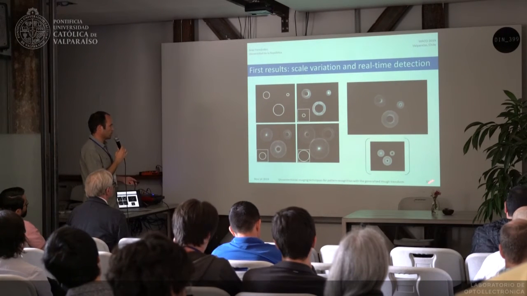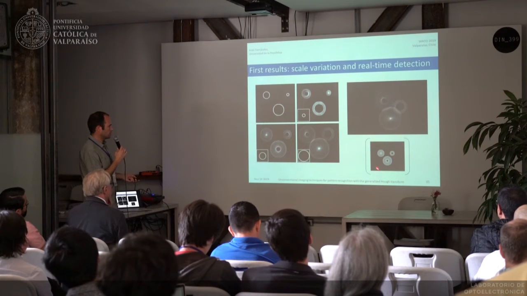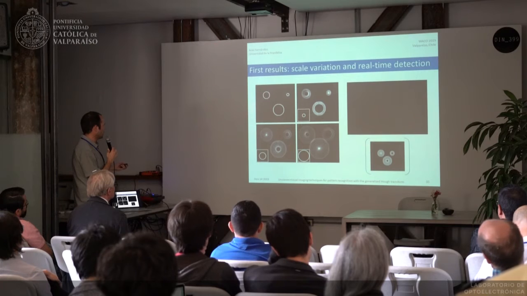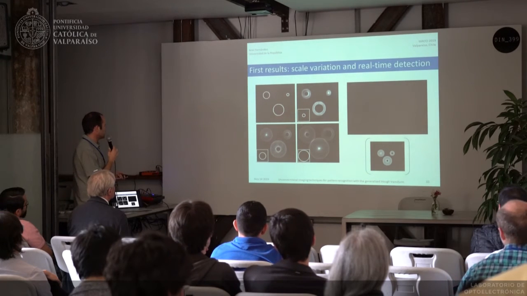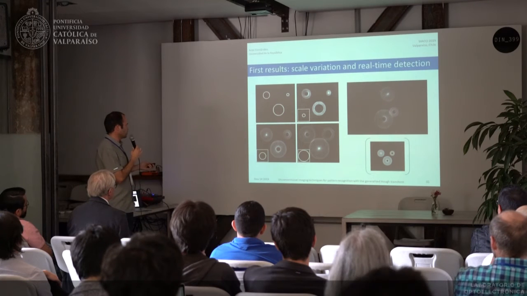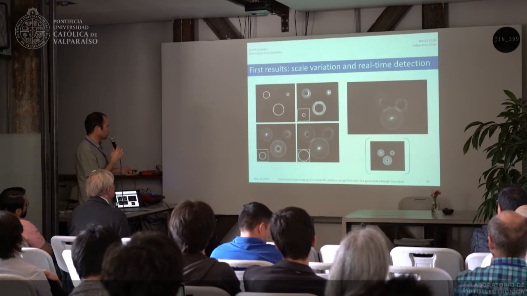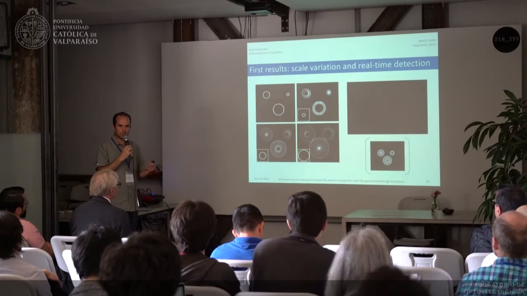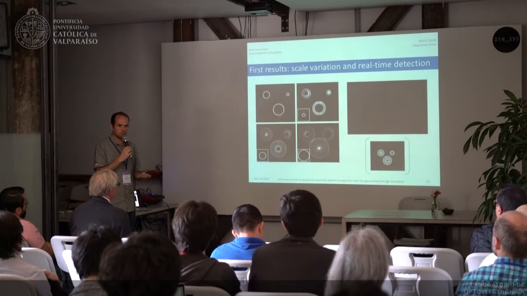If you remember from our past slides, this was the transformation how we look for the case of a three-circle image. For a different radius, we are able to obtain different transformations, and in the case of the video that is running here, we are doing real-time processing of this video.